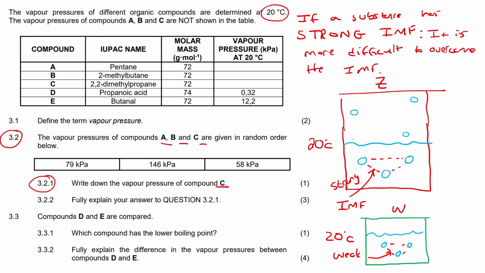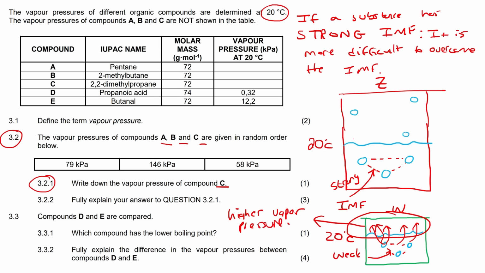Which one is going to be easier to separate those liquid molecules and turn them into gas? Well, this one over here. So with 20 degrees we will convert more of these molecules into the gas phase, and in this situation you would have a much higher vapor pressure, because more of the molecules are turned into vapor.